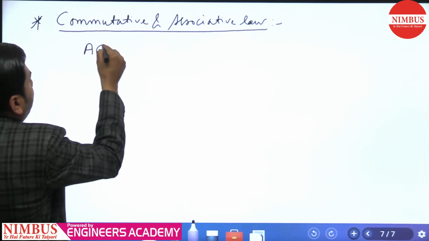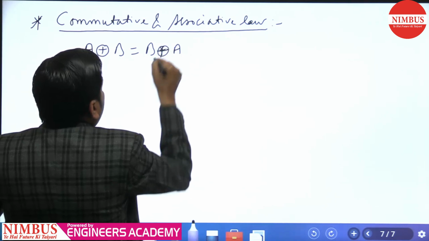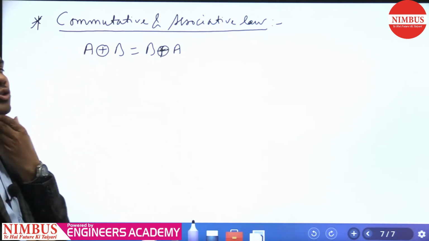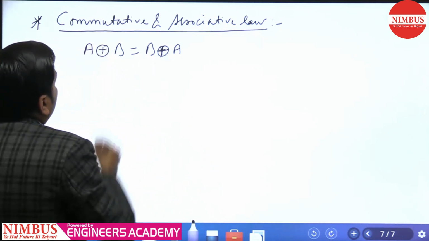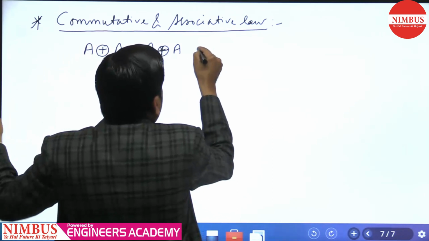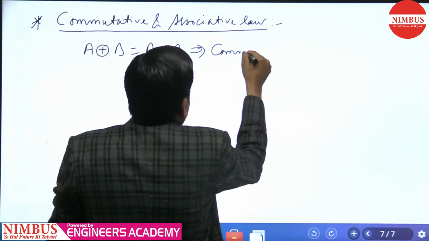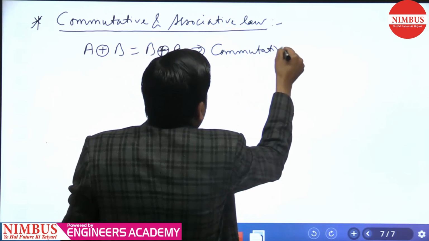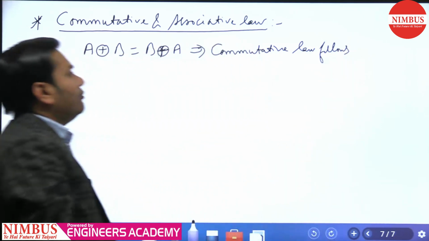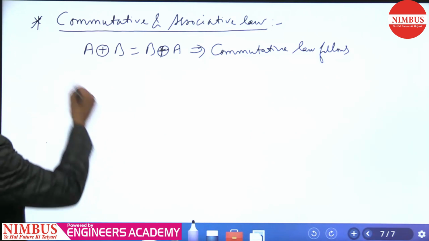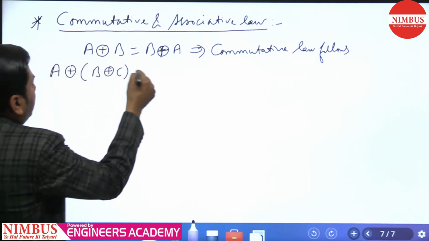Commutative: A XOR B or B XOR A, both are the same, both have the same expression. That means the commutative law follows.